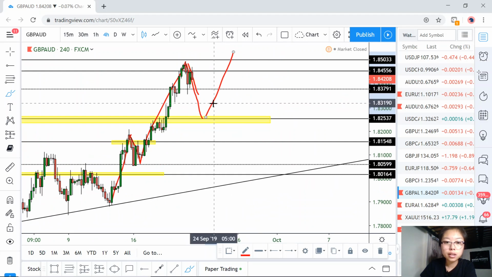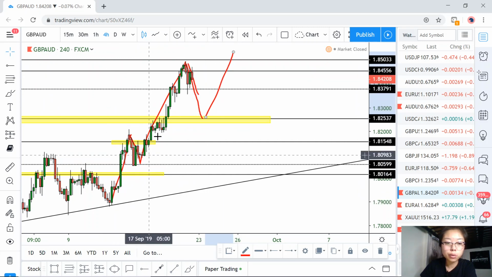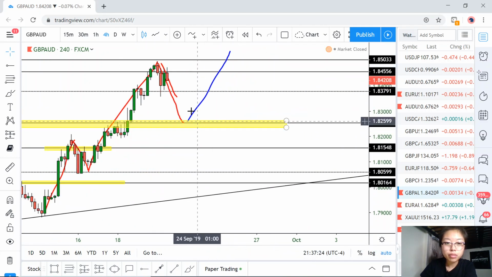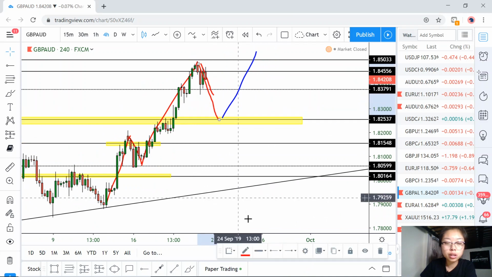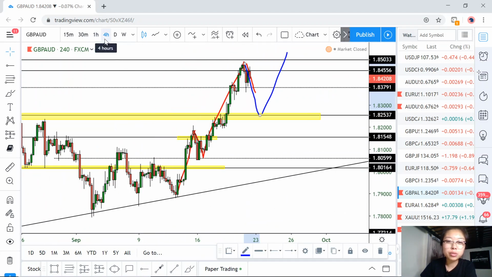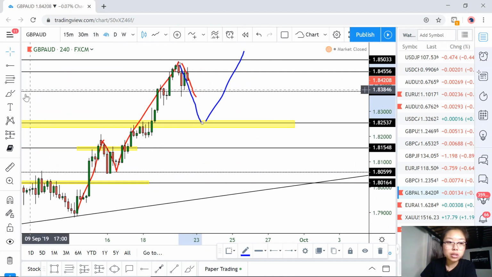Again, two scenarios. I'm not going to be counter trading here. We're not shorting here because the overall move is bullish, or sentiment is bullish. That's one scenario. Another scenario that I probably don't really see happening is it breaking at the retest.